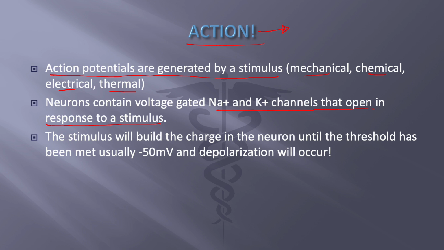So the stimulus will build the charge in the neuron until a threshold has been met, which is usually about negative 50 millivolts, and depolarization will occur. So, threshold. Anytime we think about threshold, it's about how much I have to change the resting state of whatever I'm trying to depolarize. So the closer your resting membrane potential and threshold are, the easier it is to depolarize that cell.